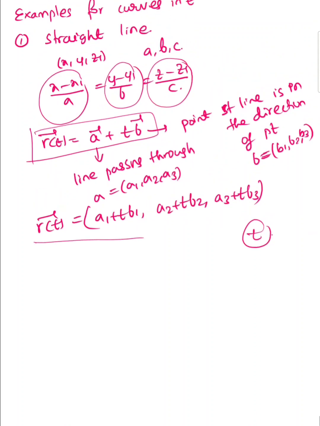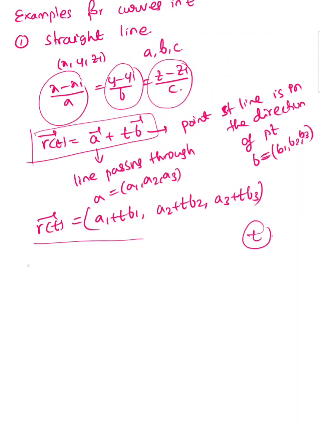We can see one more example of a curve in E3. What we are considering is a helix, which is the right circular helix. It is the helix obtained on a right circular cylinder.